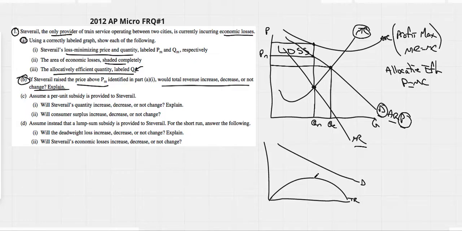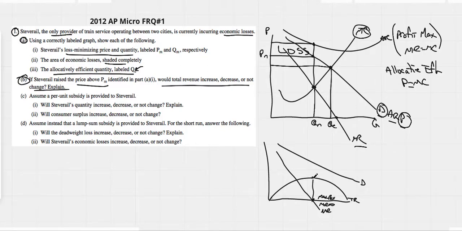Total revenue is maximized right where marginal revenue is zero. Right there, where marginal revenue equals zero, is max revenue.